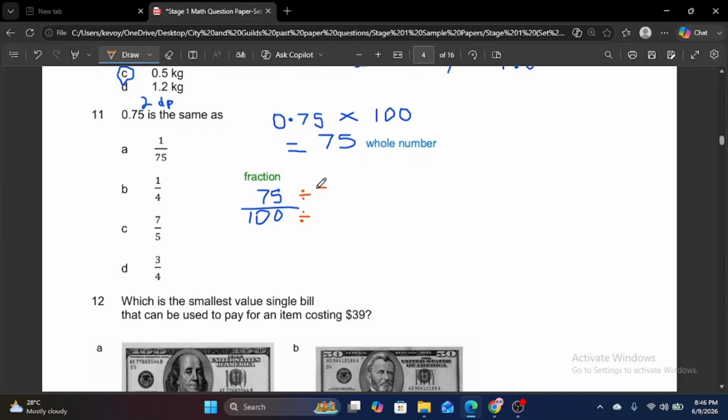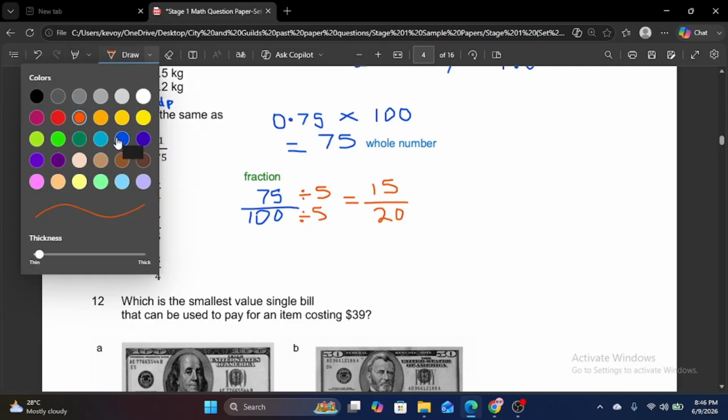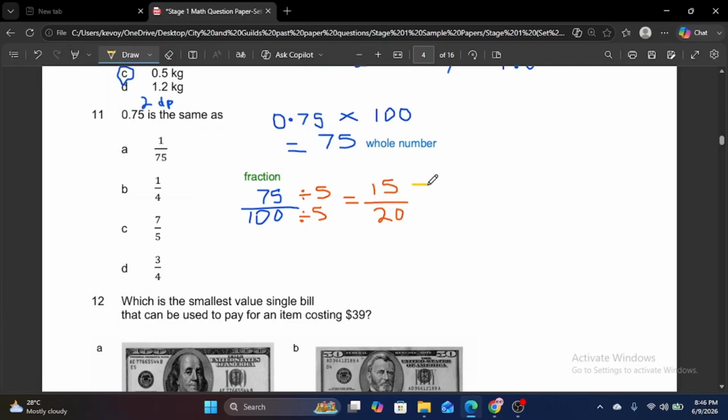And note, you can simplify more than one time. So by dividing by 5, 75 divided by 5 is equal to 15, over 100 divided by 5, which is equal to 20. And if you look at 15 and 20, you know that I can simplify by dividing by 5 one more time. So I'm going to divide by 5 again.